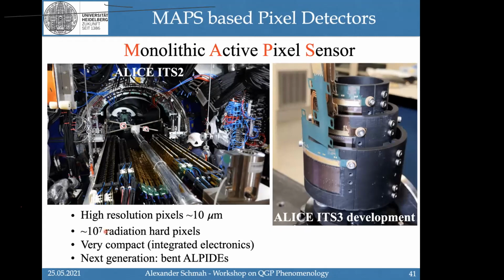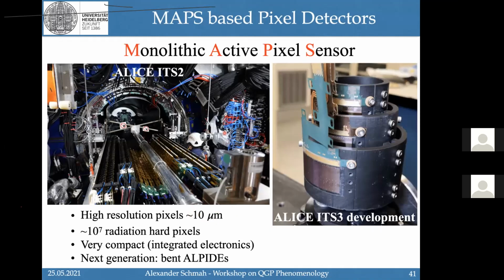So here we have radiation hard pixels, very compact integrated electronics, very thin, and this is a big advantage of this detector technology. First used in STAR, now also in the second generation here in ALICE, as shown in this picture. So you see how dense it is, so many layers of those pixels, tiny size of the pixels with very good resolution.